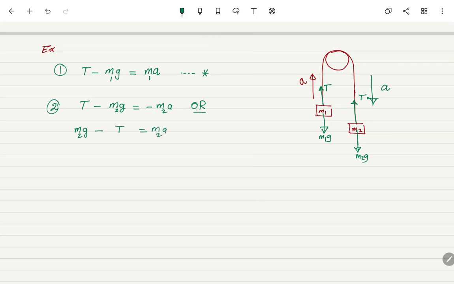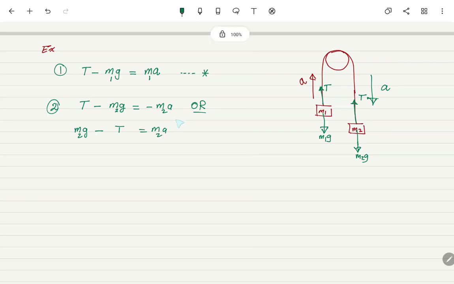You can consider this or this. This one comes from forces up positive, forces down negative, acceleration up positive, acceleration down negative. Or this one, take this trick: the force with the acceleration starts first, and that's it.